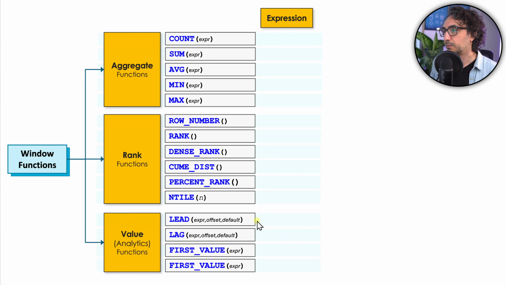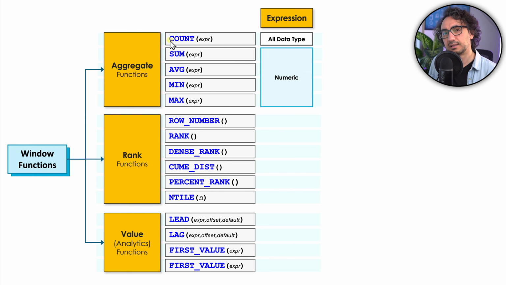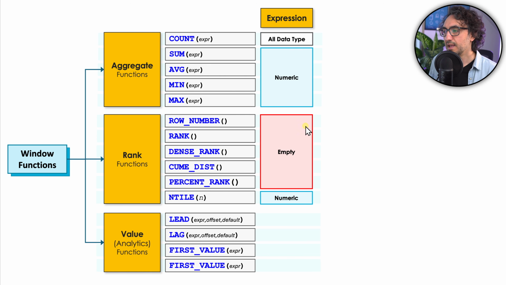Alright, so now let's have a quick overview in order to understand which data types are allowed in the expressions for those functions. Let's see the aggregate functions. As you can see, the count function accepts any data type, but the others like the sum, average, min, max allow only numerical data types. Now let's move to the rank functions. The expression is pretty easy. It should be empty.